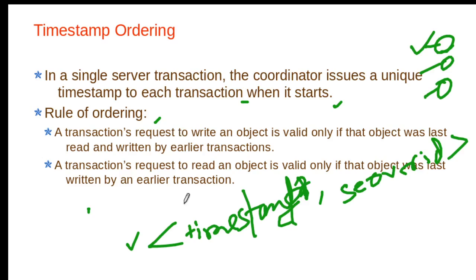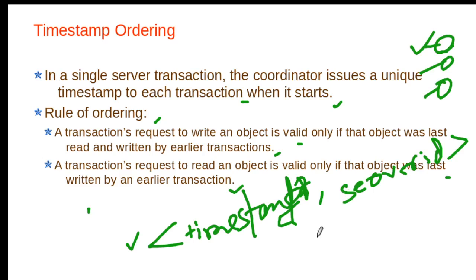Now you will use a rule for ordering these things. A transaction's request to write an object is valid only if that object was last read and written by earlier transactions. And a transaction's request to read an object is valid only if that object was last written by an earlier transaction.